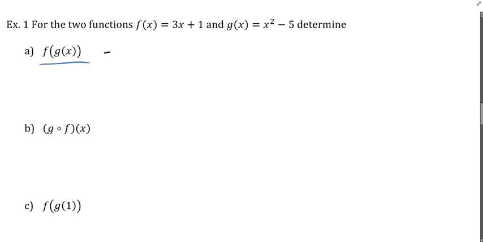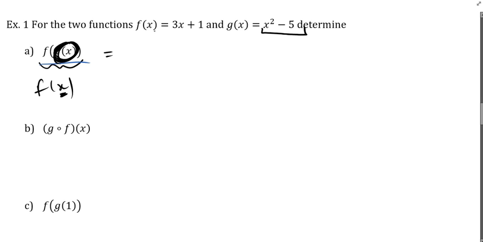So what exactly does that look like? Well, think about what this function notation means. It means if this is f at x, wherever I see an x, I put this. What is this? It's x squared minus 5.